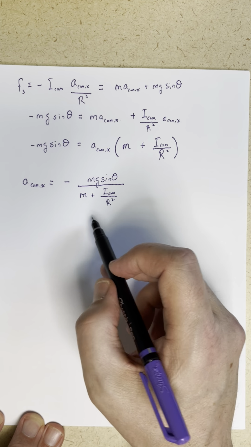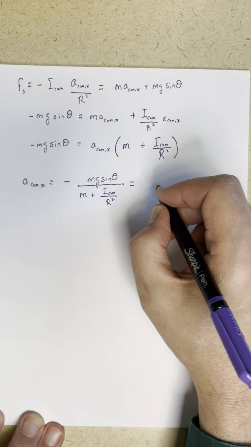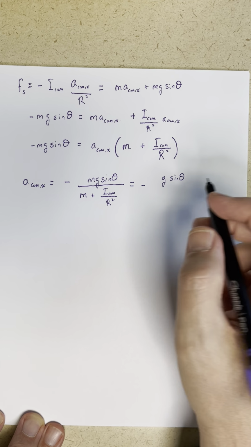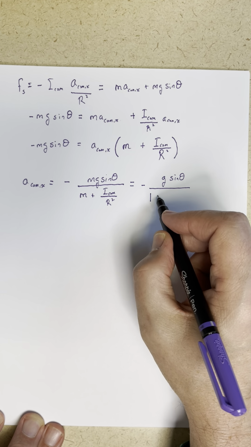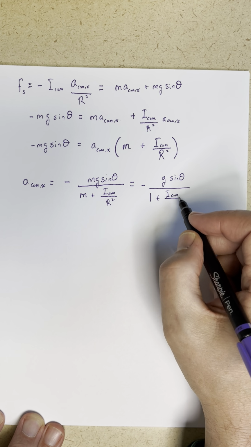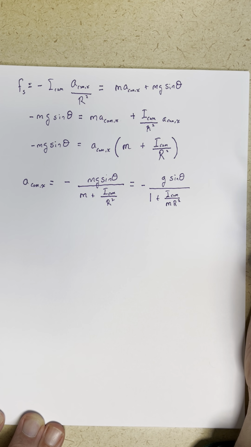I'm going to divide every term top and bottom by m. So this will simplify to minus g sine theta over 1 plus rotational inertia about the center of mass, now divided by m r squared.